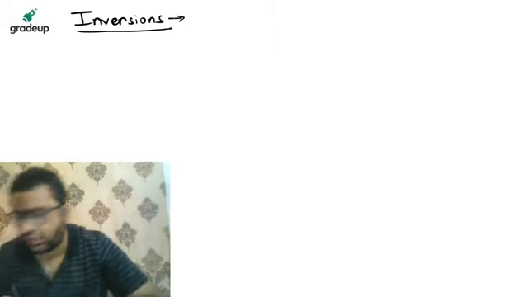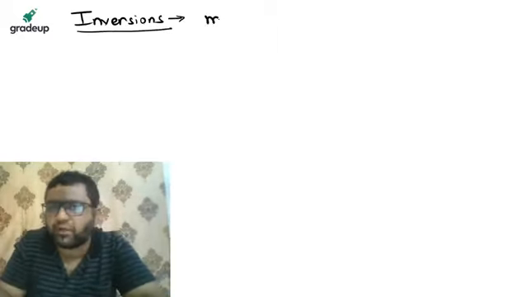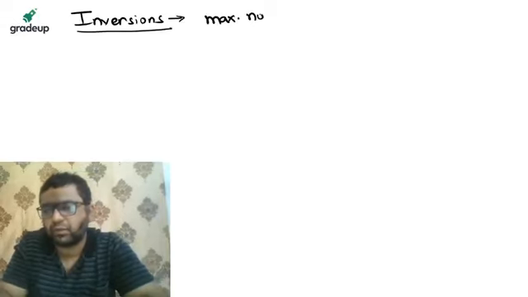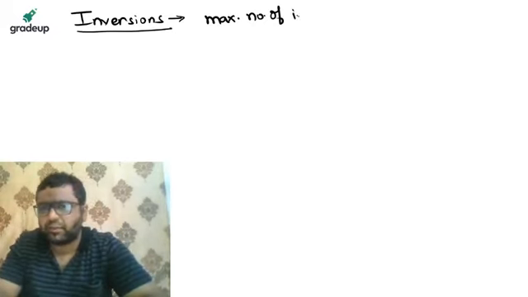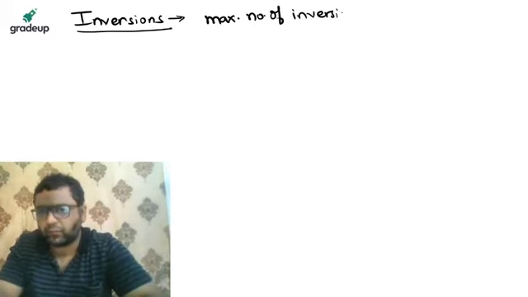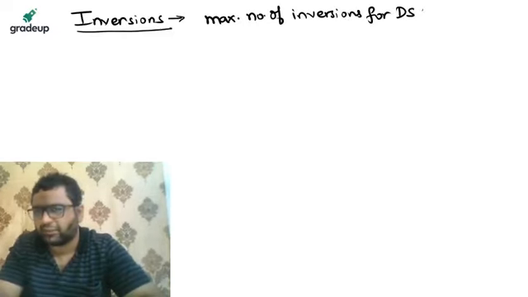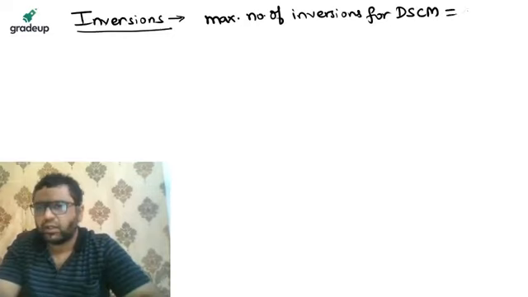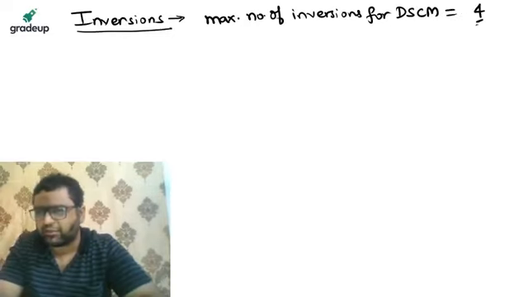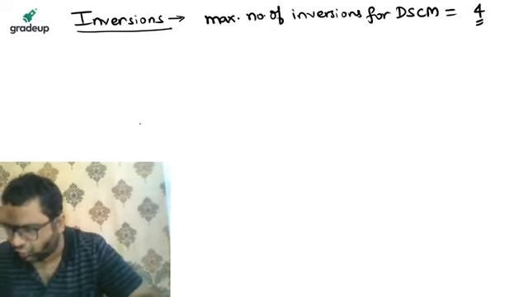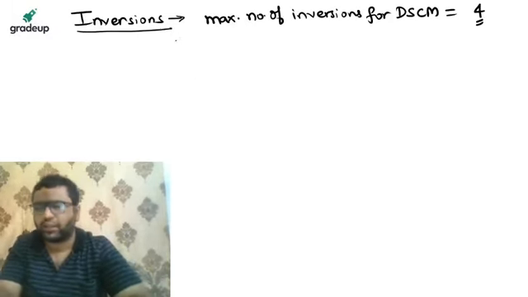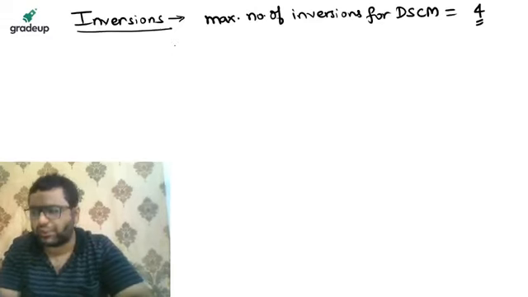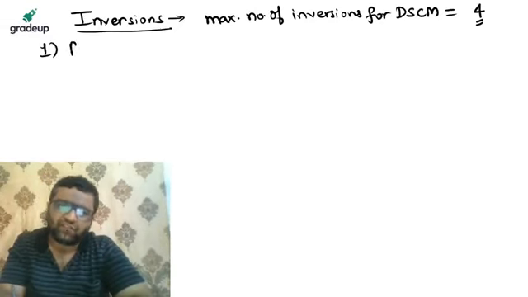What do you feel, what can be the maximum number of inversions possible for this double slider crank mechanism? As the number of links is 4, the maximum number of inversions possible is 4 only. Now we will see them one by one and find out the number of inversions actually present. We will go with the first inversion.